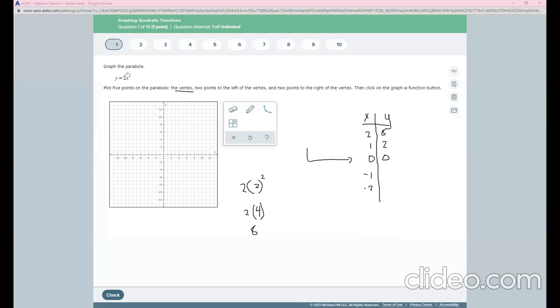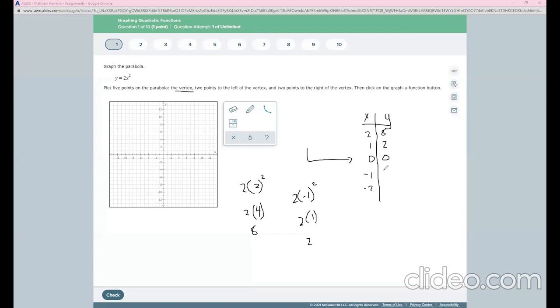If -1 went in, I'm going to show this one. So 2 in parentheses, -1 goes in for the x, and then I square it. So first you square, take -1 and square it. Means take -1, multiply it to itself. So -1 times -1. Negative times a negative is a positive. 1 times 1 is 1. So +1. Then I multiply that by 2 and get 2.